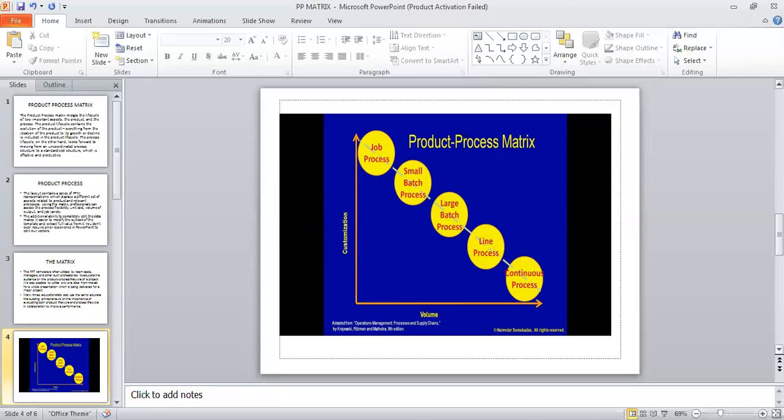In the first slide, we will follow the approach from the bottom. If we go from top to bottom, at the bottom you can see the continuous process. In the continuous process, volume is high and customization is very low, as you can see in the graph.